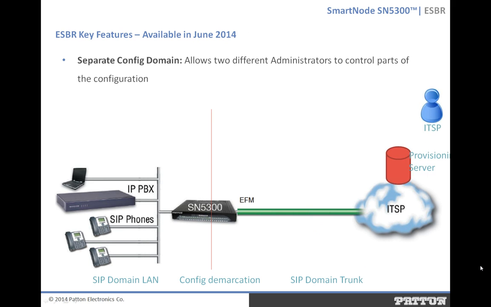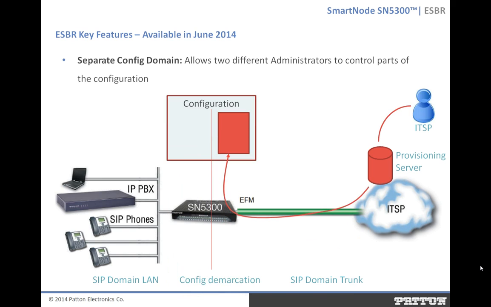So what is happening here? We have an ITSP, which of course also has a provisioning server. For a device rollout, it is preparing the config which should run on the 5300 on its provisioning server. This config part basically covers all the settings between the 5300 and the ITSP core system.